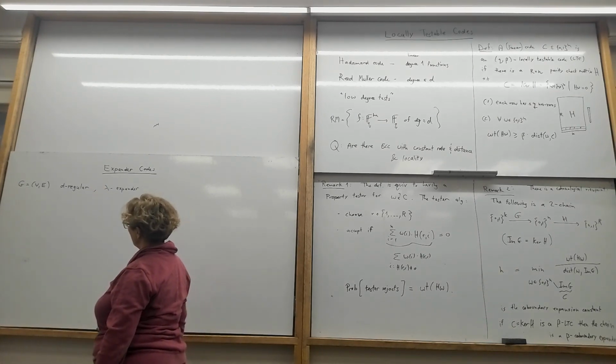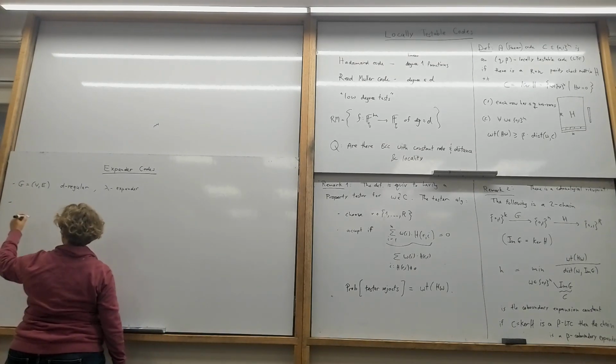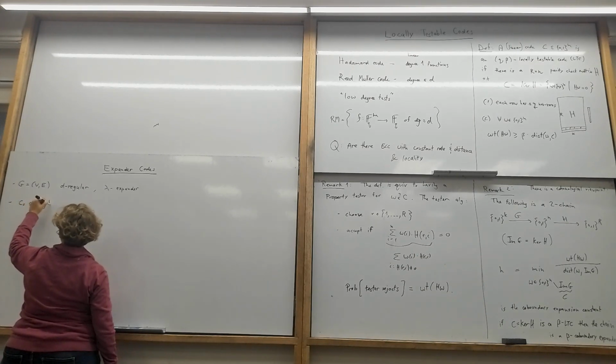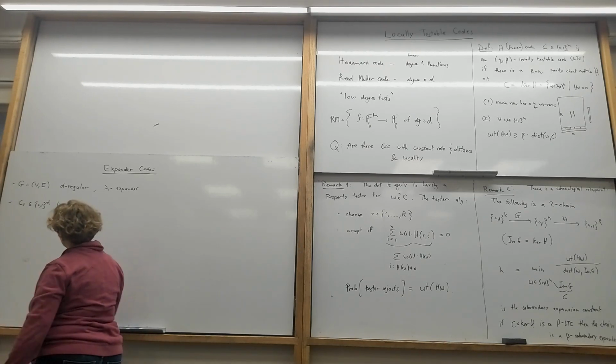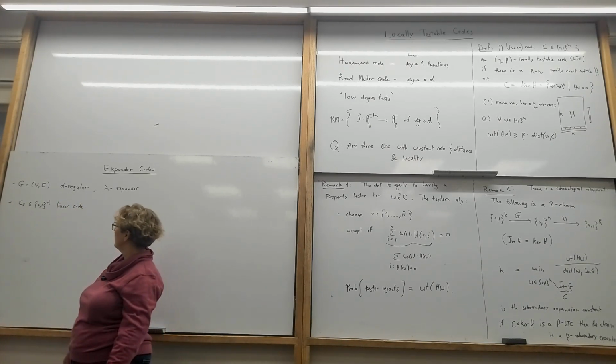So we're given such a graph, and we're also given a linear code. But it's not a very big code, it's a code only on d bits, so it's a constant, like 10.